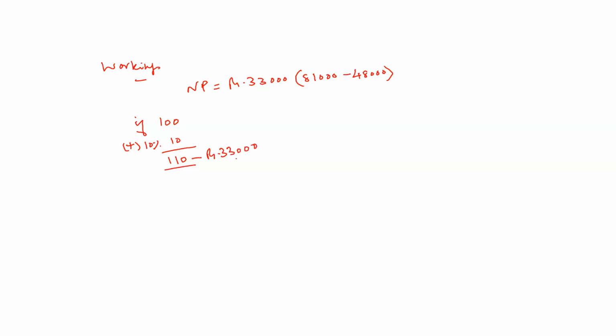We should presume that this 33,000 is inclusive of the 10% of manager's commission. So in that case, what is 10% can be calculated, which should be nothing but 3,000. That means after charging 3,000 of manager's commission, subtracting it from 33,000, you get net profit of 30,000.